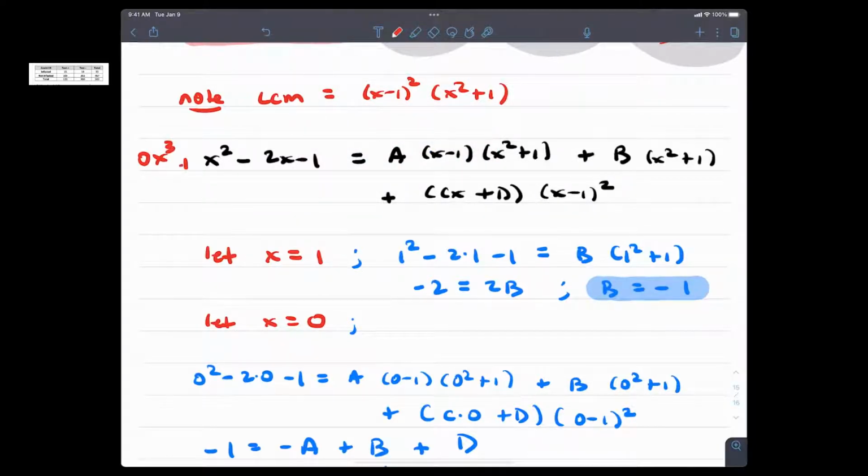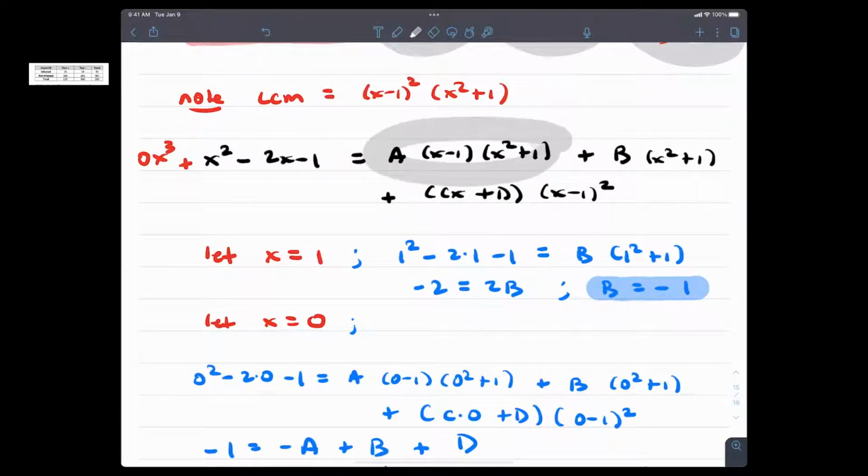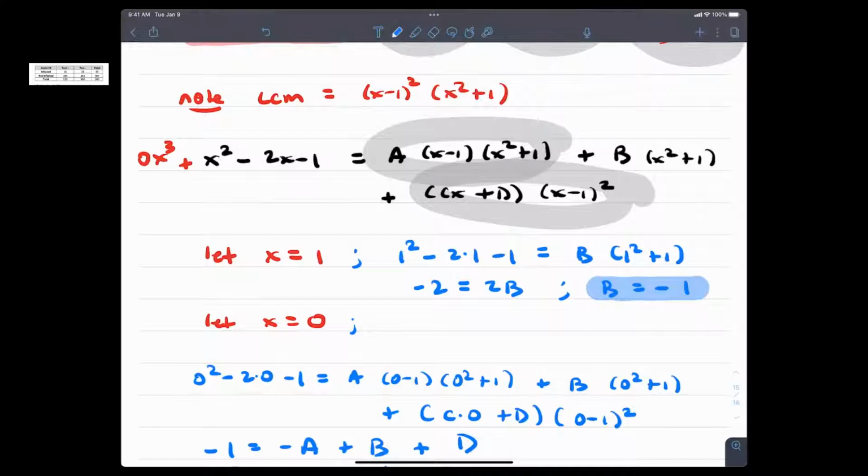You have 0x cubed here, right? Do you guys see what I'm saying? 0 times x cubed. You don't have an x cubed term. But if I multiply here, where would I get an x cubed term? I get x cubes here if I did some algebra. You guys with me on that? In fact, let's see what they would be.